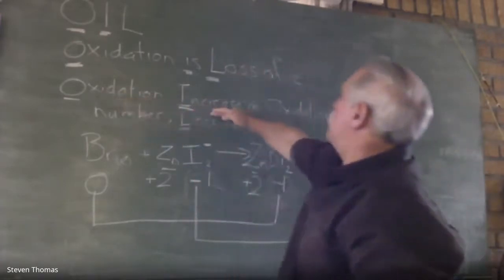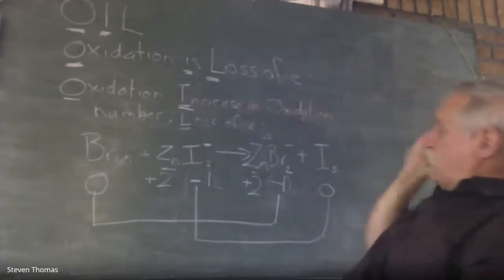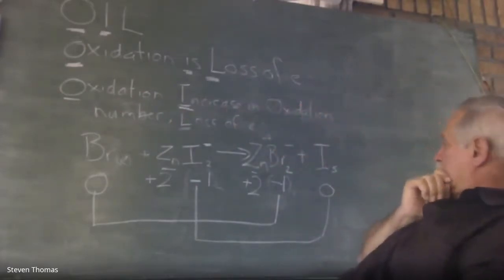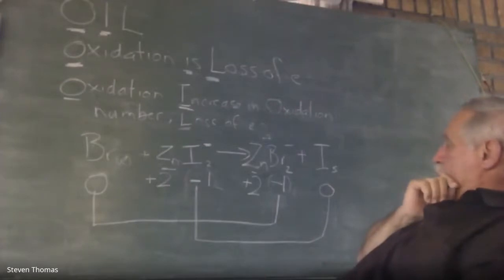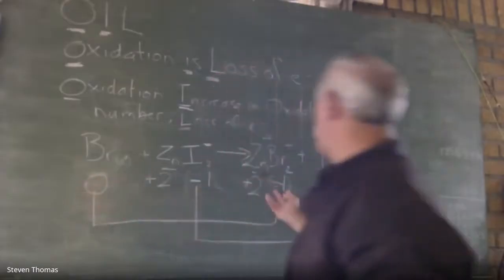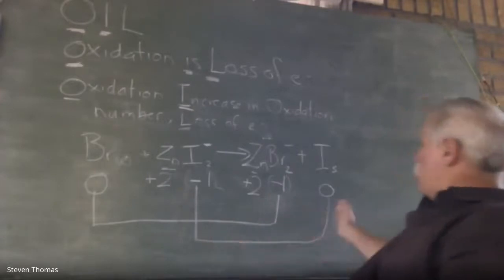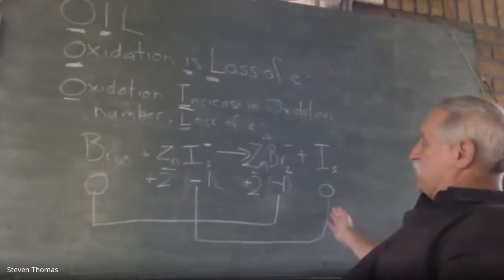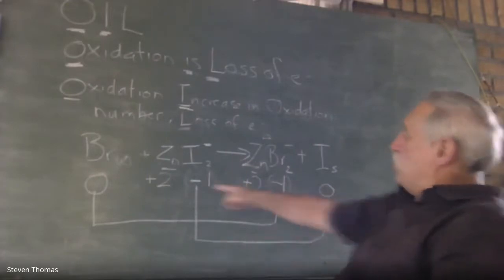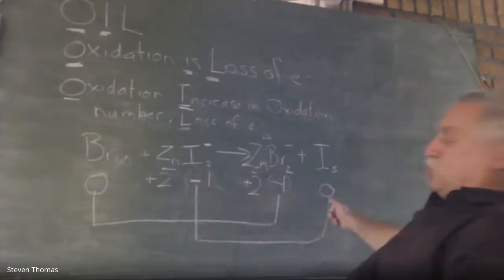Oxidation is an increase in oxidation number. So which of those was oxidized? Bromine? So your bank balance went from 0 to -1. Is that an increase? Or if your bank balance went from -1 to 0, is that an increase? So this number went from -1 to 0.